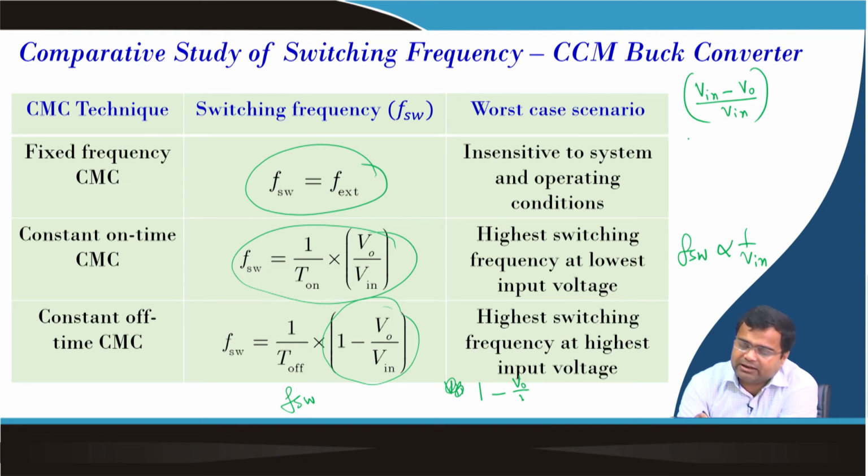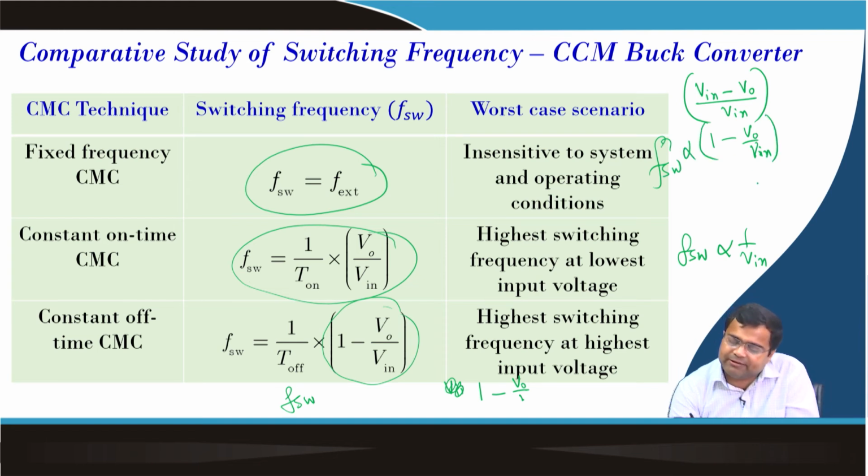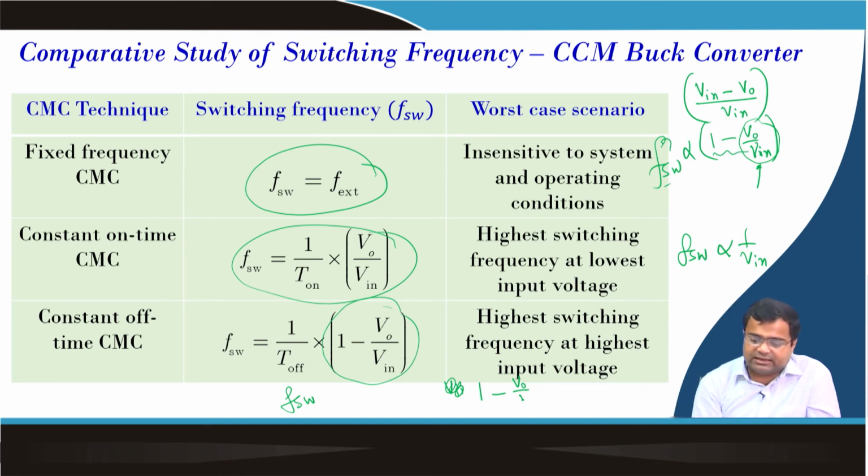I can take V0 out, so you have 1 minus V0 by Vin, and the switching frequency is proportional to this factor. If Vin is decreasing, this term will increase and the frequency effectively decreases. So, the switching frequency will be highest at the highest input voltage, but at the lowest input voltage it will be lowest.